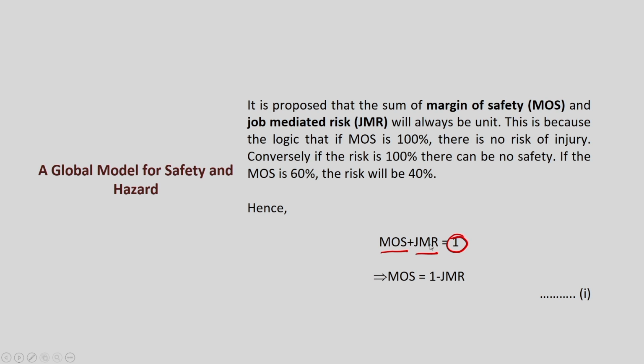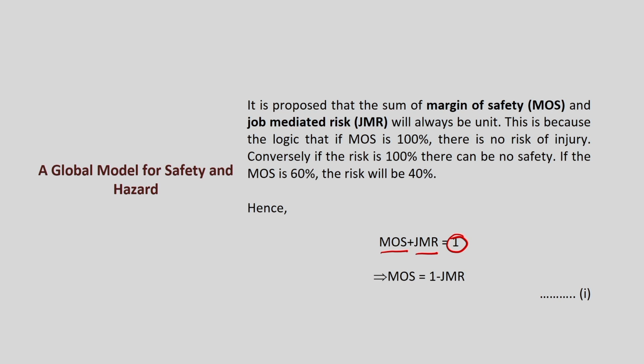It should not cross, it is always 1. So, if MOS, the safety factor, is increasing, risk is decreasing. On the opposite side, if risk is increasing, safety is decreasing. Whenever it is in balance, then we are doing a good job, okay.